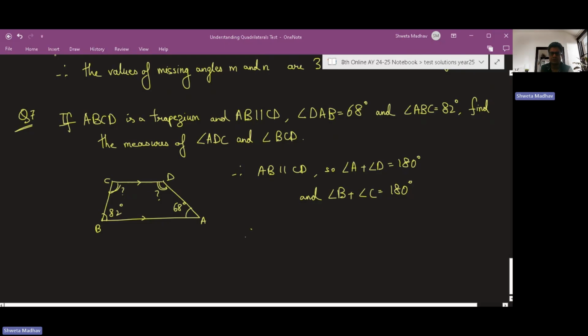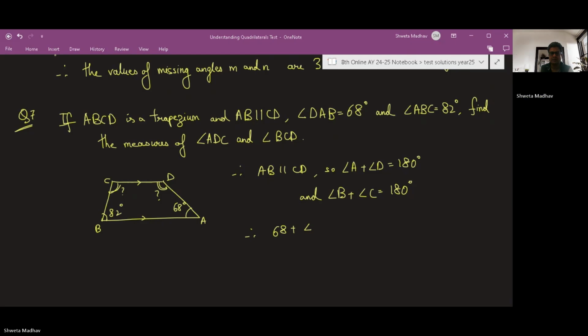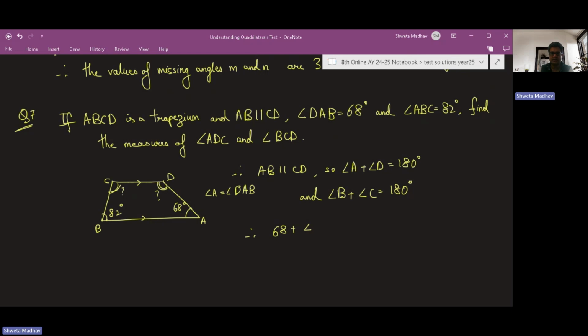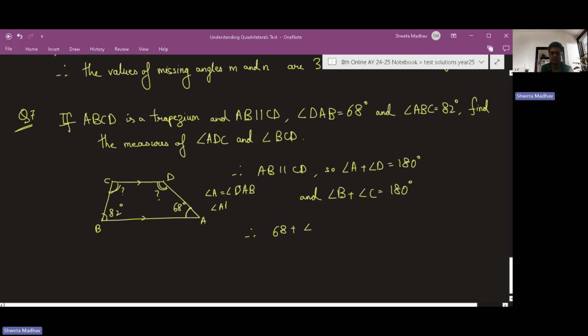Angle DAB we can write as angle A, and angle ABC we can write as angle B.